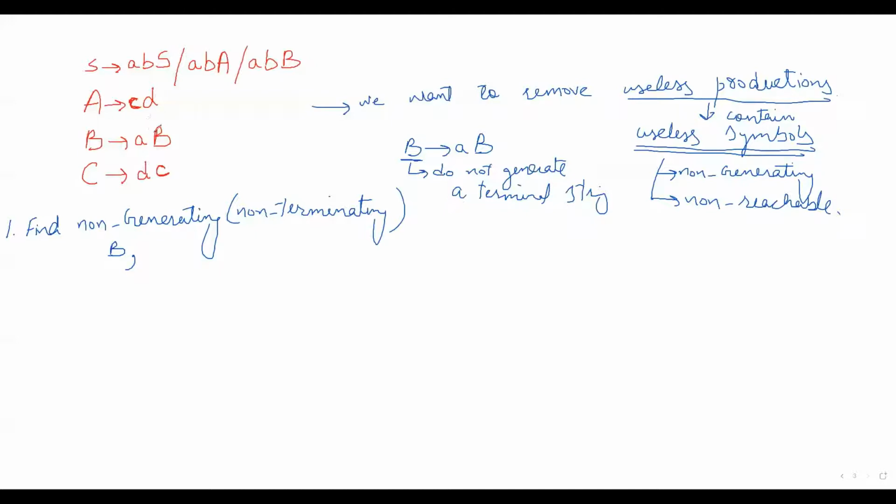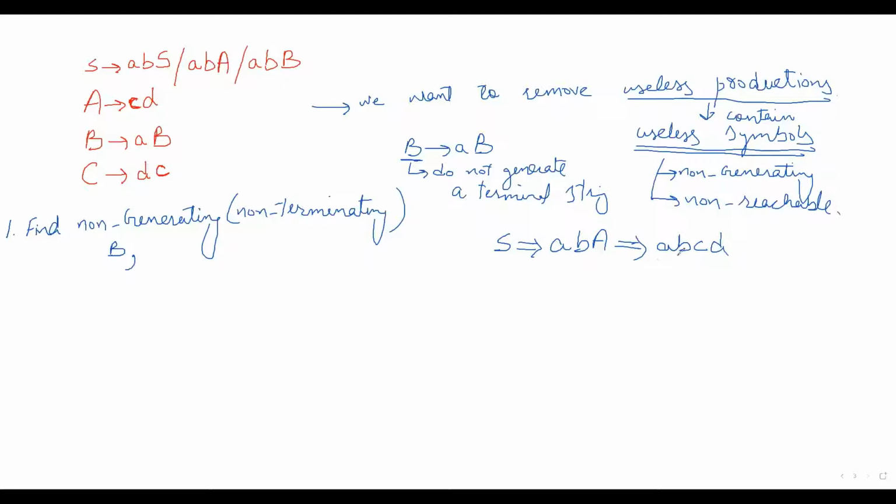Fine. Any other symbol that is non-generating? A is generating because it generates a terminal string. C is also generating because it generates DC. S is also generating. Why? S gives ABS, or I can write S gives ABA, and then A can be replaced by this rule, so it will be ABCD.